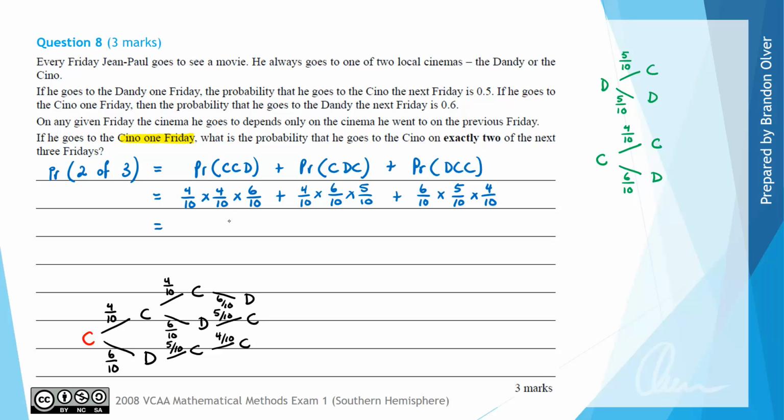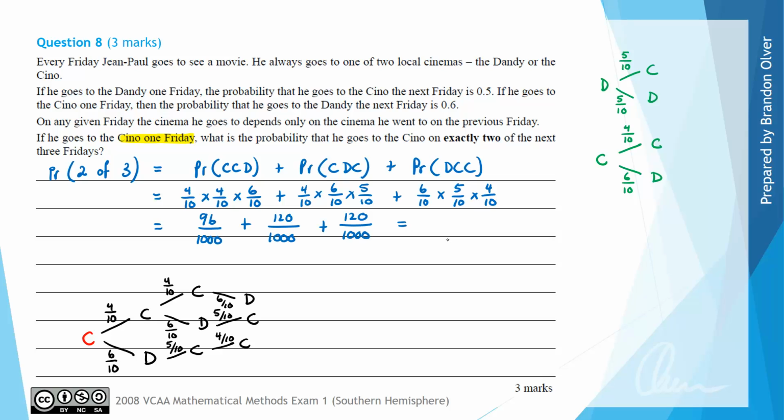So simplifying these down, we have 4 times 4 is 16 times 6 is 96/1000, plus 6 times 5 is 30 times 4 is 120/1000. And then the second one is also 30 times 4 is 120/1000.